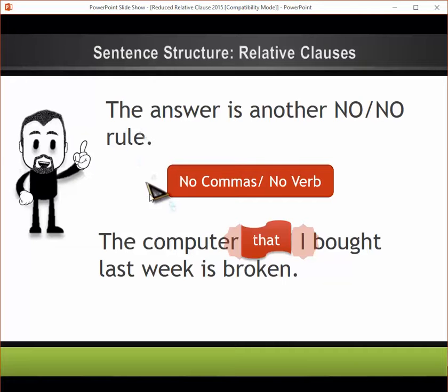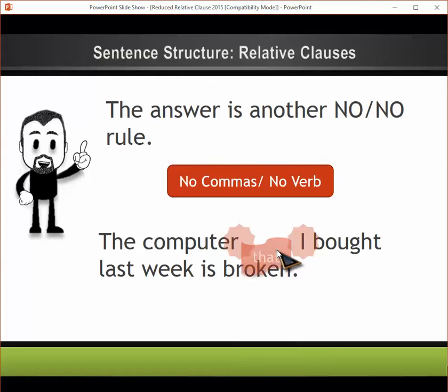So have a look at this sentence. The computer that I bought last week is broken. Now, in this case, you can see that there is no comma. The computer, no comma. And also over here, after the relative pronoun, we have an I. This is not a verb. So in this case, we have no name and no verb.